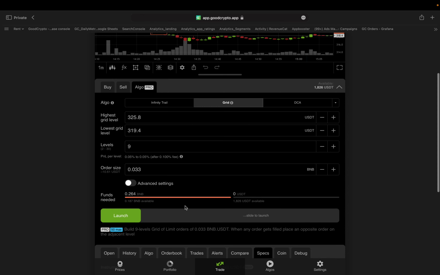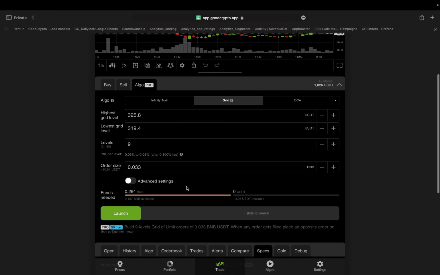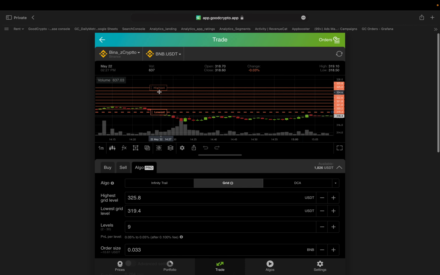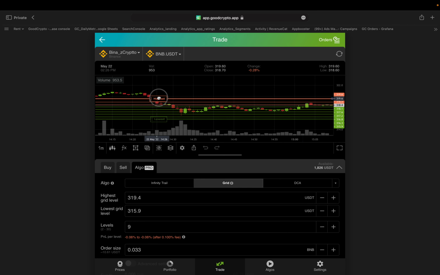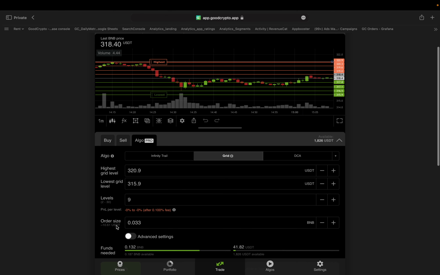You don't need any USDT, and the red here denotes that I don't have enough BNB on my account to cover that. So you can see here, that's the amount of BNB available to me. So it's not enough. Okay, let's go back to the normal or standard grid with buy and sell orders.